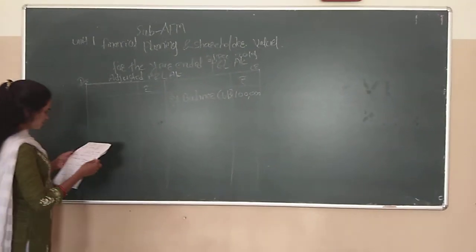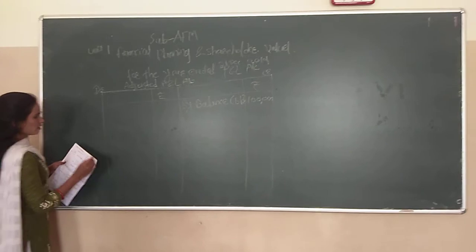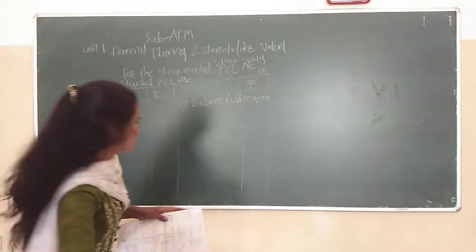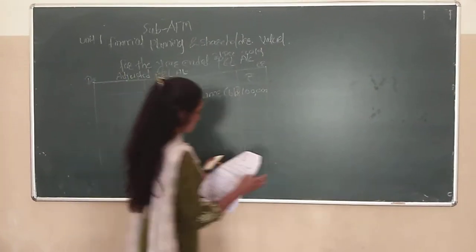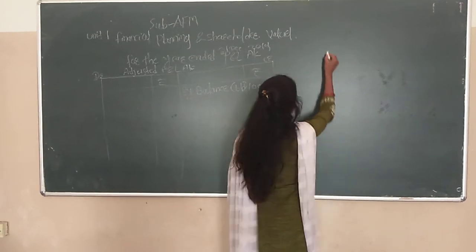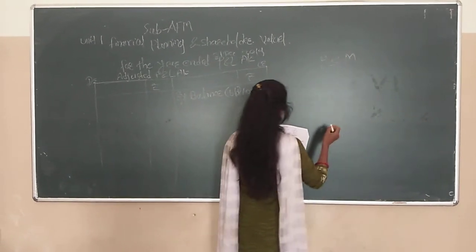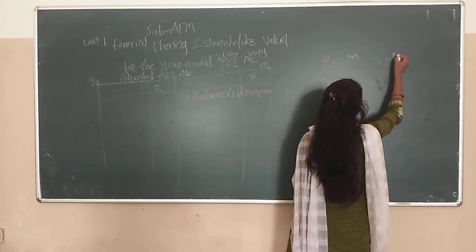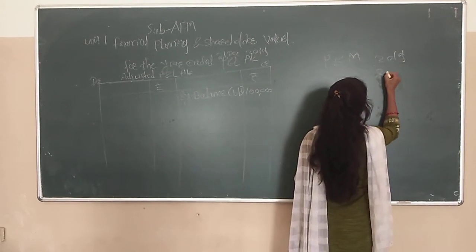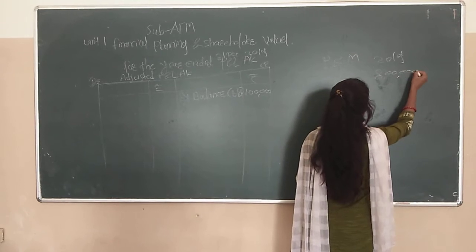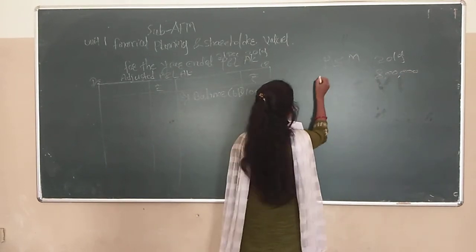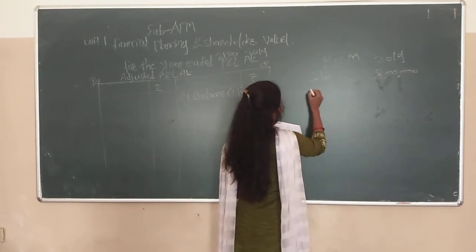And show the adjustment, the profit and loss adjustment, the plant and machinery adjustment. So the adjustment is 8 lakh in 2019 and 5 lakh in 2018. Okay.